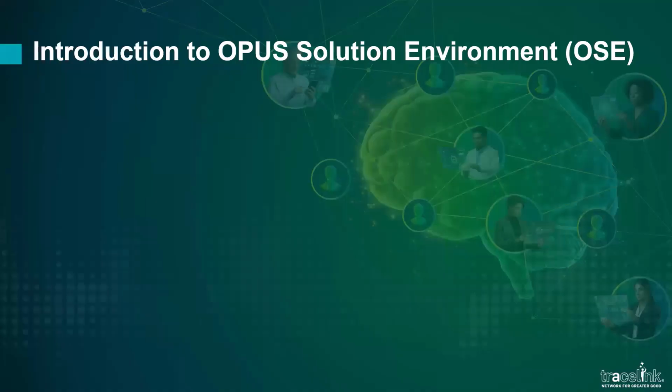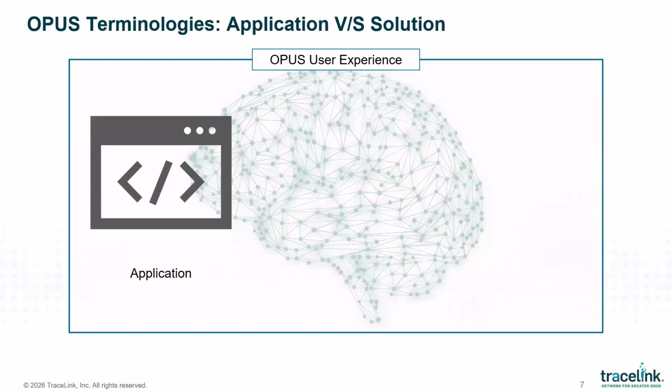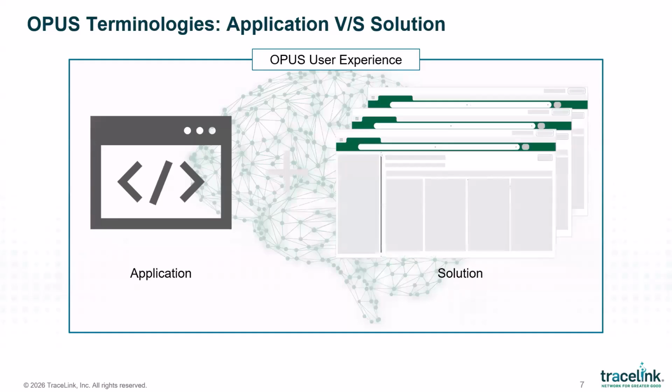So let's start with the OSE introduction. To start, let's first understand some basic terminologies related to the OPUS platform. User experience in the orchestrating platform for universal solutions, that's OPUS, consists of an application, which is a headless API, and the solution, which provides the user interface.